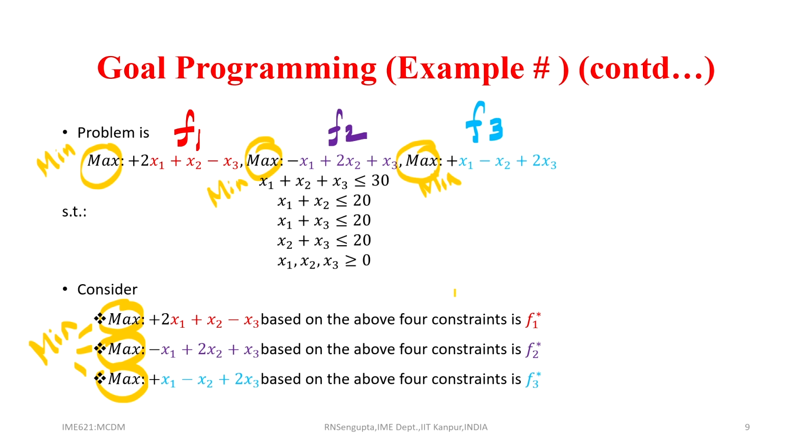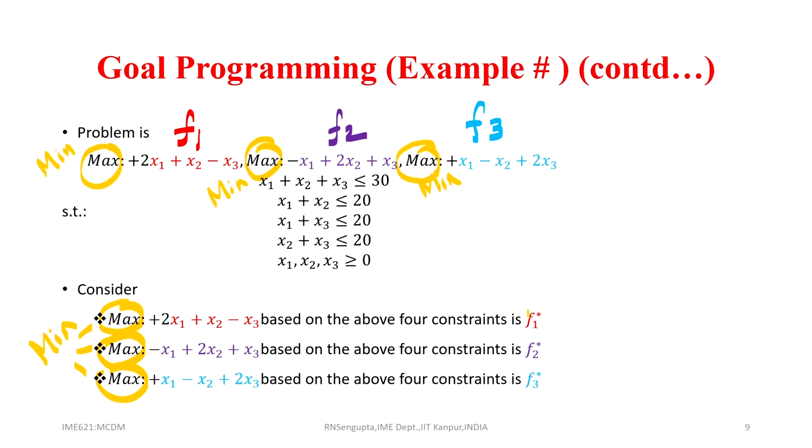Now, why 3 problems? Because there are 3 objectives. Technically we would be considering the first objective and transforming the other 2 objectives into constraints. Then take the second objective and transform the first and the third into constraints. And the last case would be taking the third objective and transforming the first and the second into constraints.